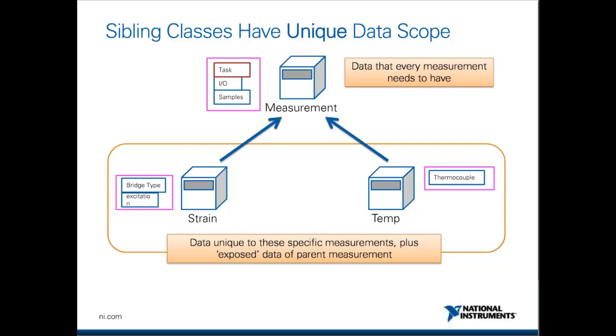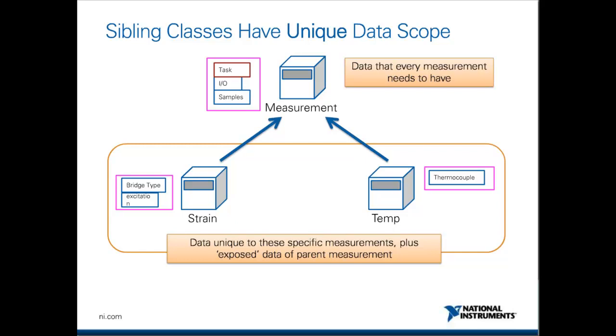And so here we can see that in this example, our requirements are such that every single measurement would need to define the number of samples it needs to take, would need to have an I/O parameter, and a task constant. But if we look at the strain measurement, it's going to inherit this data scope, plus it's going to add to it the type of bridge to use and the source of excitation, whereas the temperature measurement would just add a field for thermocouple type.